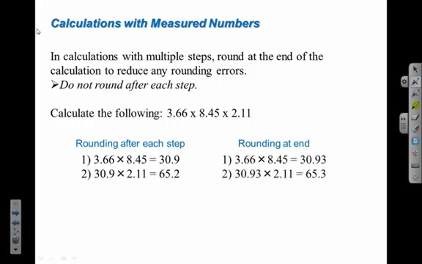If I keep that extra digit and carry that through, then only round once at the very end to 3 SigFigs, then I actually get the correct answer. It's only a slight difference, but that last digit difference could make the difference if it were an important situation. So if you have multiple steps, only round at the end of those steps.